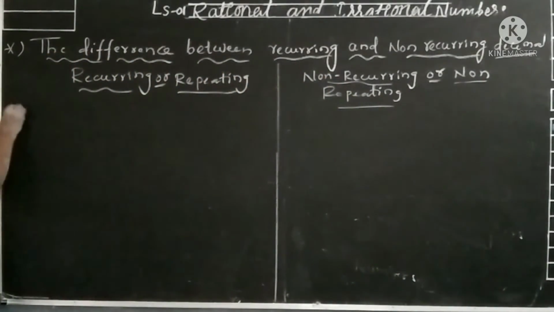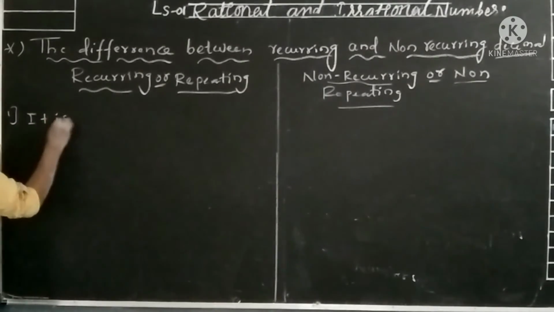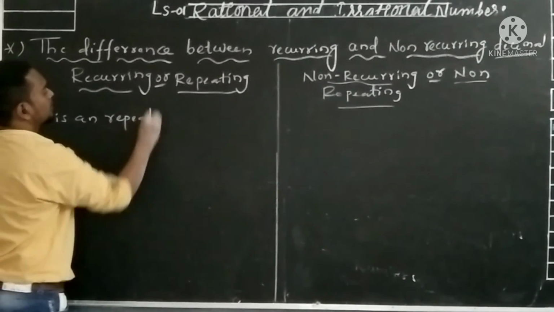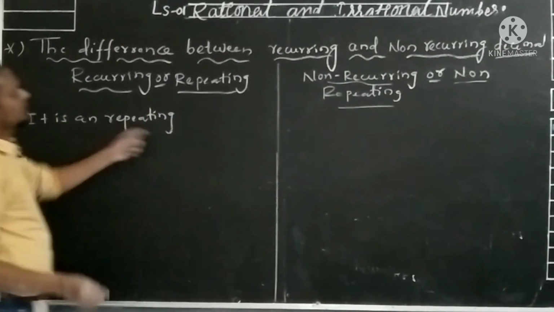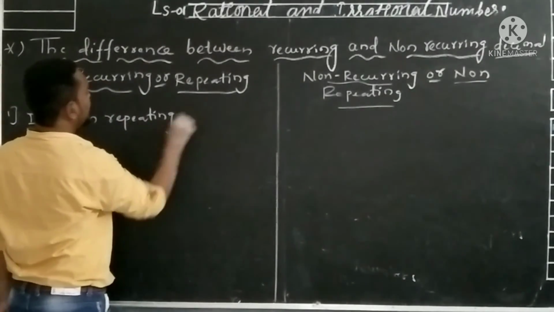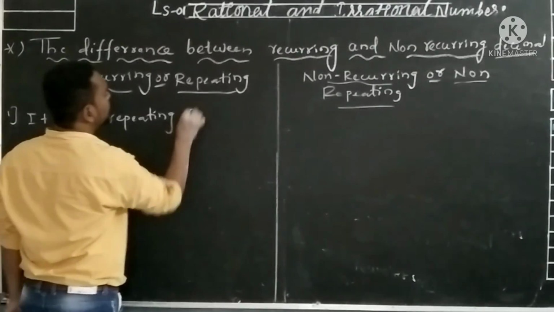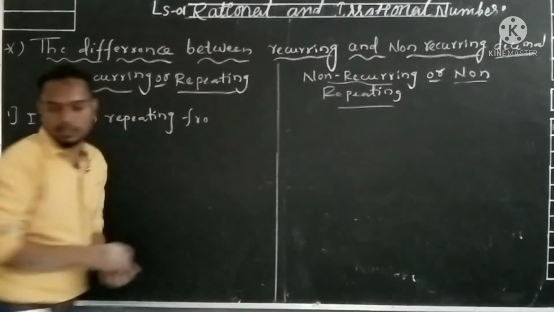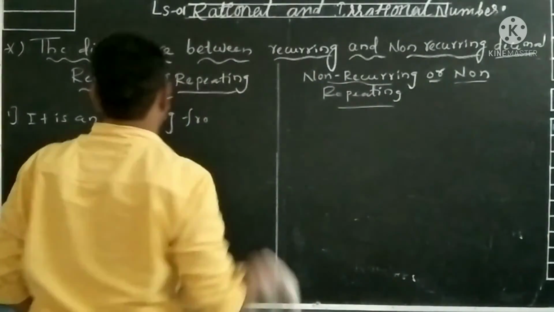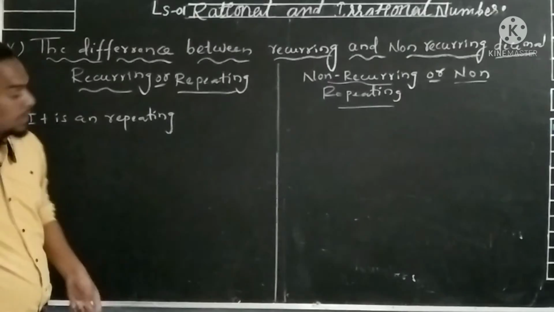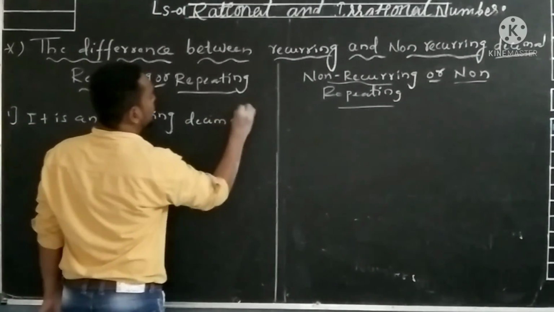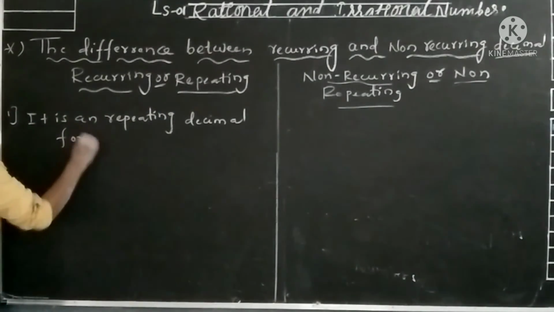First of all, a recurring decimal is a repeating form. It is a repeating decimal form.